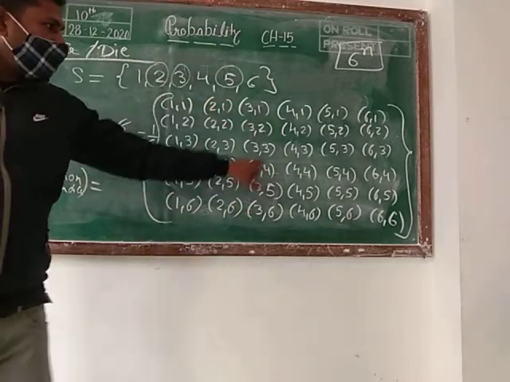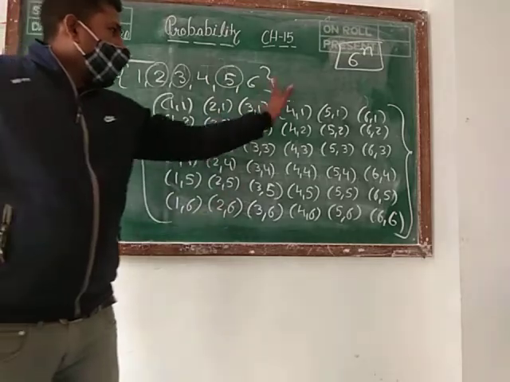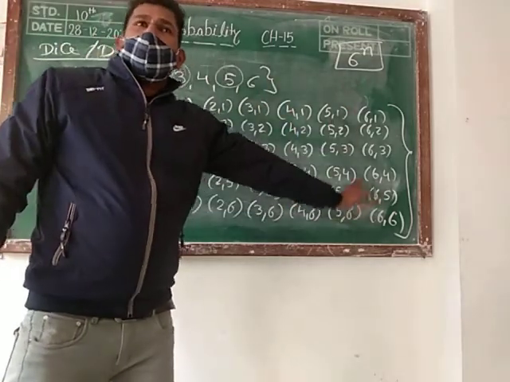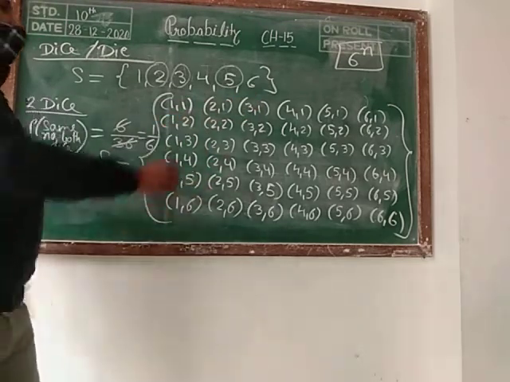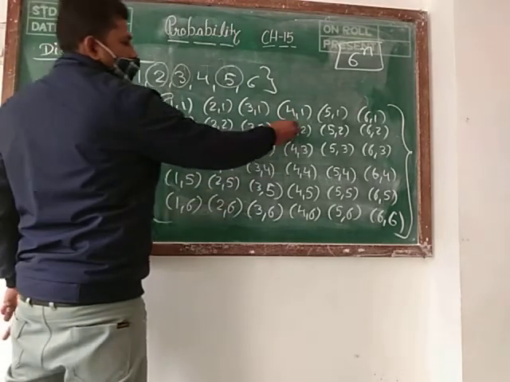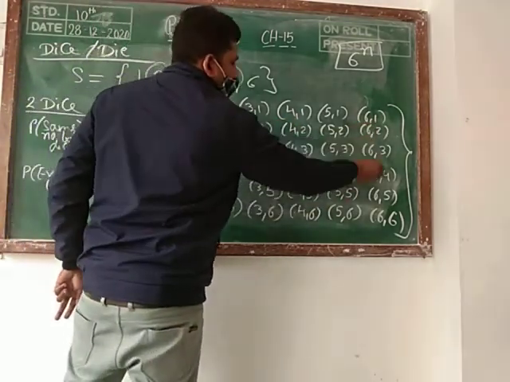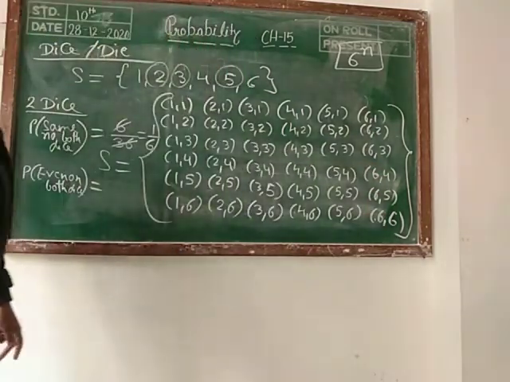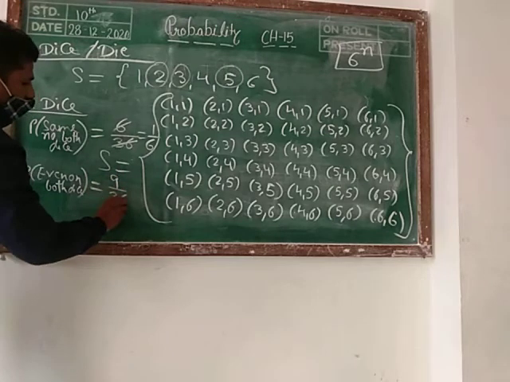This we have to leave. This we have to leave. Only 3 columns we have which are started with the even numbers. Then out of these also you have to observe the even number on both the dice. Then 1, 2, 3, 4, 5, 6, 7, 8, 9. Means only 9 outcomes we are getting, the favorable outcomes. Then 9 upon 36.